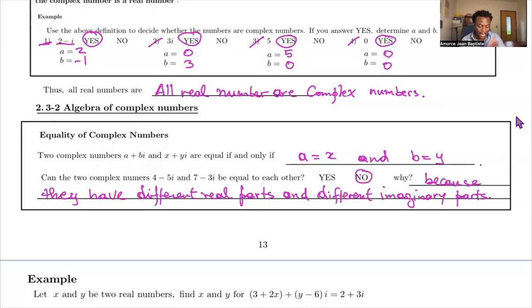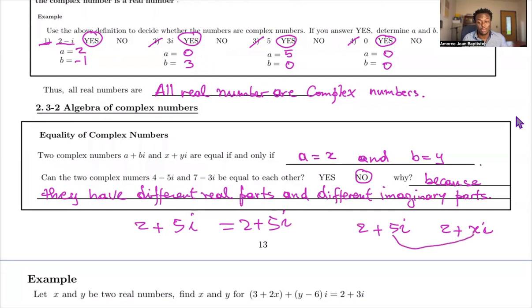So for example, if I have 2 plus 5i and then 2 plus xi, for these two complex numbers to be equal, we need 5 and x to be the same because we already have 2.